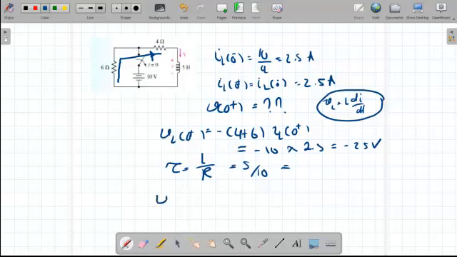Then we can write VL of t will equal minus 25 e to the power minus t over tau, which is 10 over 5, so equals minus 25 e to the minus 2t.